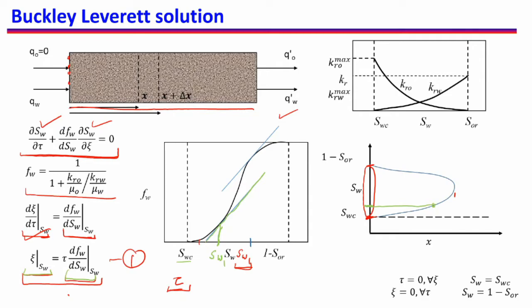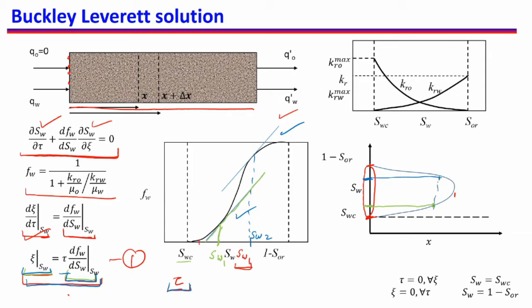So we will consider another saturation as Sw2. Now we will go to the curve again at that Sw2, find the slope, and that slope is also the same as the slope at Sw1. So using that slope we again find where that Sw2 has reached using this equation. Because slope is the same and tau is the same, because we are taking a snapshot at a given time tau, the xi, the distance traveled by Sw2, is also the same. That Sw2 is close to 1 minus SOR, so that is here.